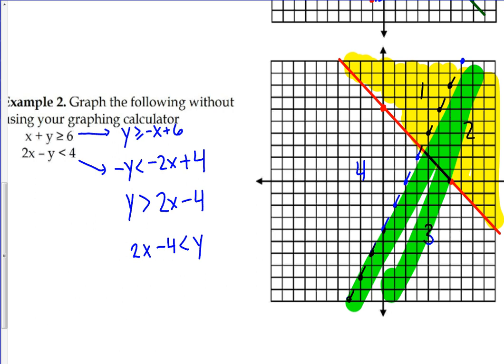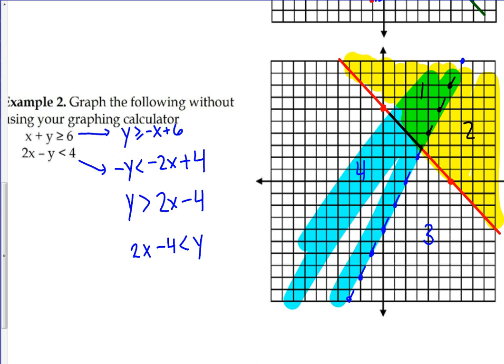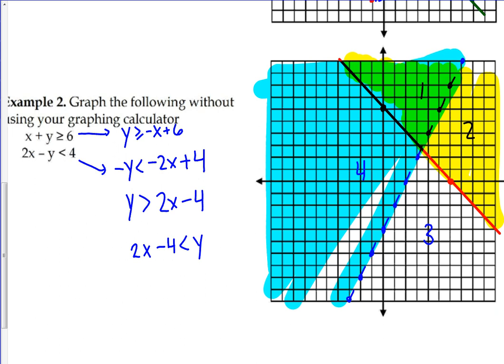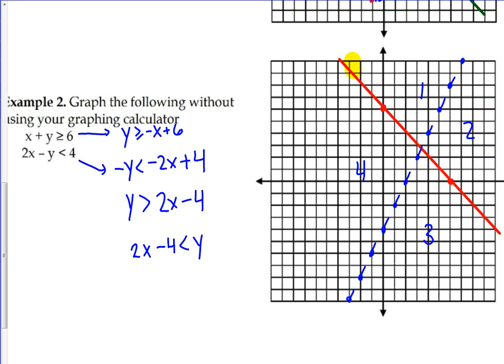Oh, no, sorry, thank you. You were paying attention. Good. Okay. Y is greater than 2x minus 4. It's above. Yes, y is greater. Okay, so above, so the green portion here is our solution. So 1 is the answer. So actually, when you just shade, you just need to shade this portion here. That's our solution. Okay, just that intersection.